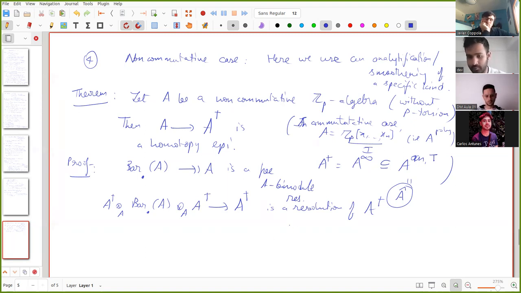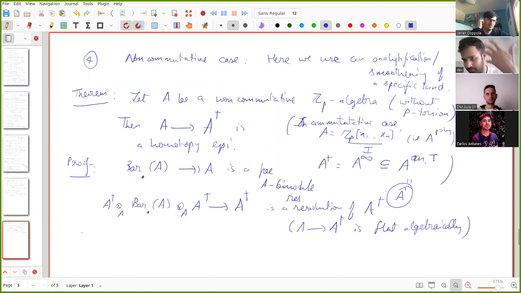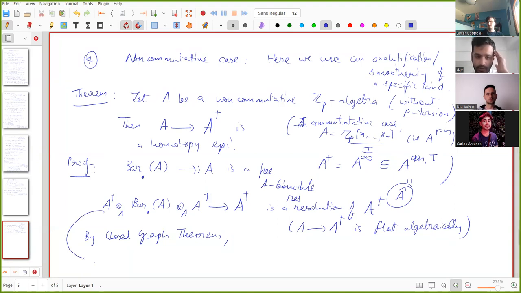And the reason is that A to A dagger is flat algebraically. And because it's algebraically flat, I've used the incomplete tensor product over here. But then by a functional analytic argument, which is the closed graph theorem, this thing is the same thing as the completed tensor product.